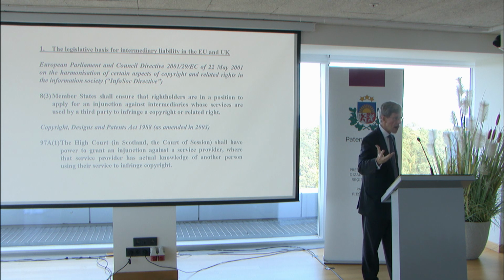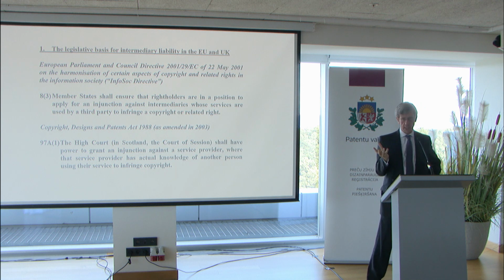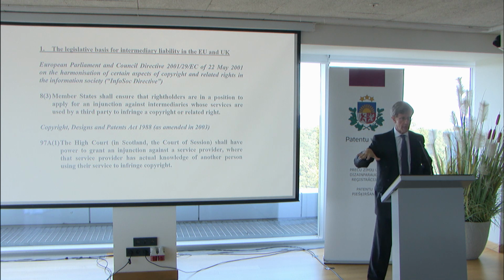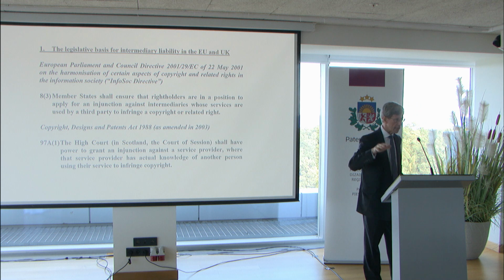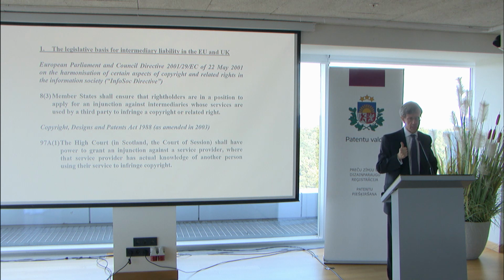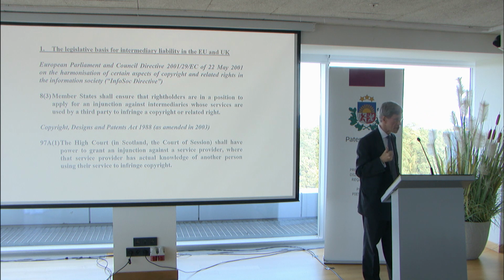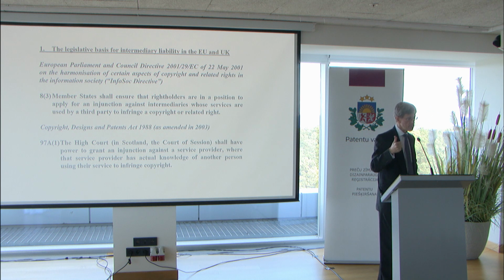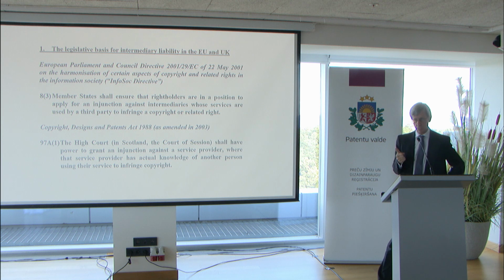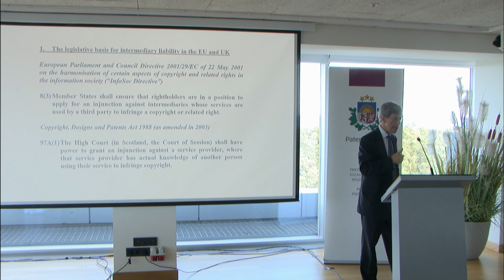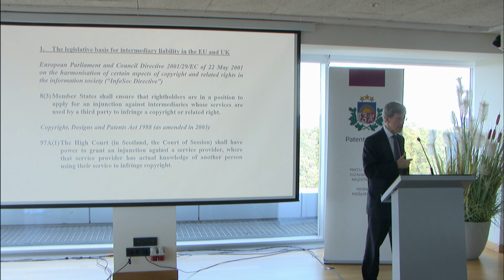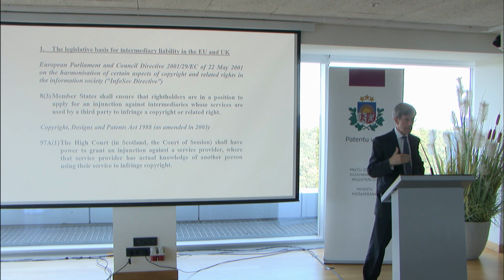Now, I've told you about two bases of liability, primary and accessory. But I told you earlier that there were three. What's the third? The third basis is intermediary liability. Now, this is a system of liability that, again, not all legal systems have. So in English law, this was something that in the past was entirely foreign to us.